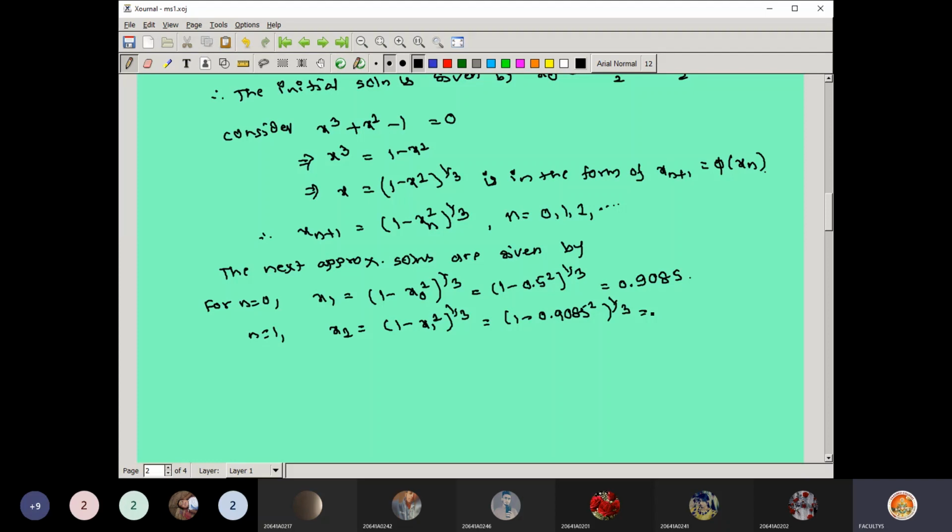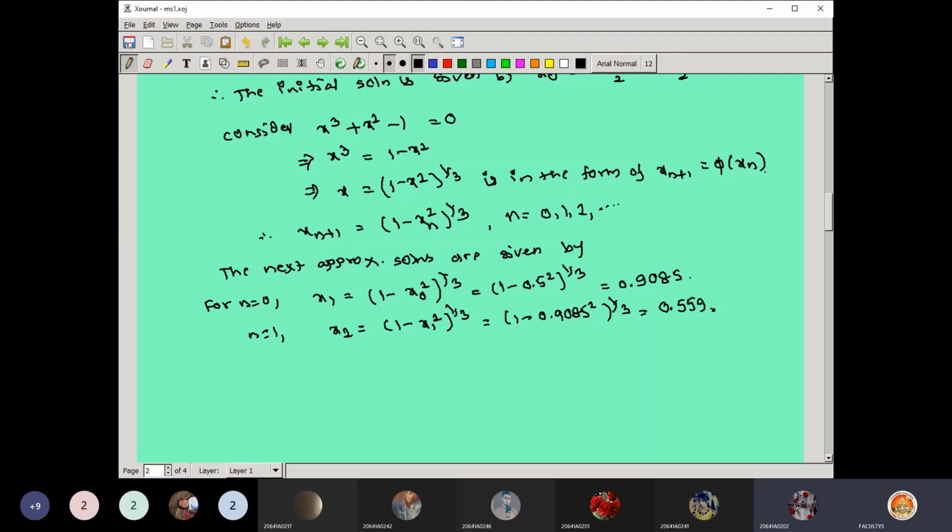Bracket, 1 minus 0.9085, square button, bracket close. Next power button, 1 divided by 3. So how much are you getting, Amma? 0.559. Okay, right.